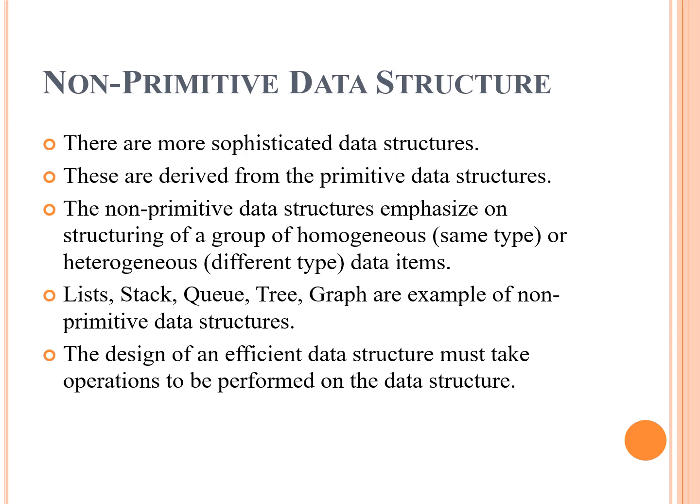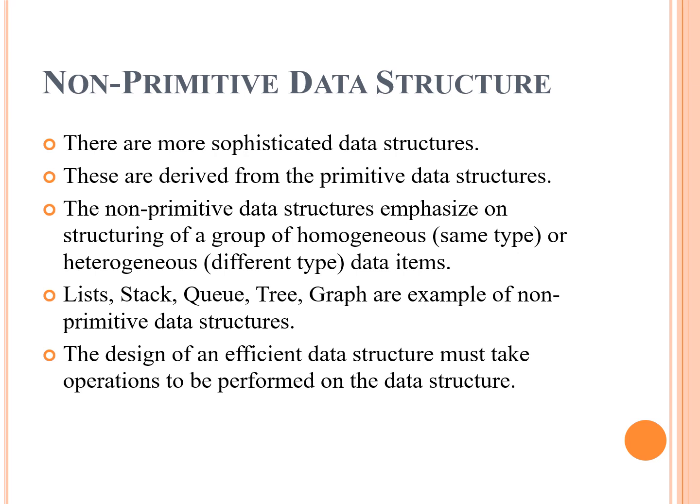The non-primitive data structure emphasizes the structure of a grouping of homogeneous, or same type, or heterogeneous, that is different types of data elements. Basically, a non-primitive data structure uses real world data to store or manipulate information.